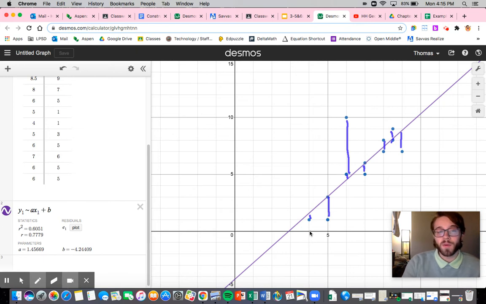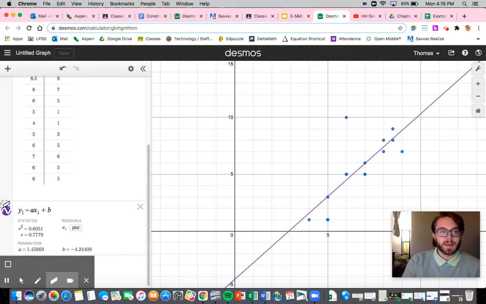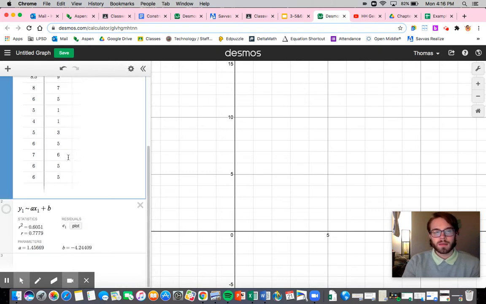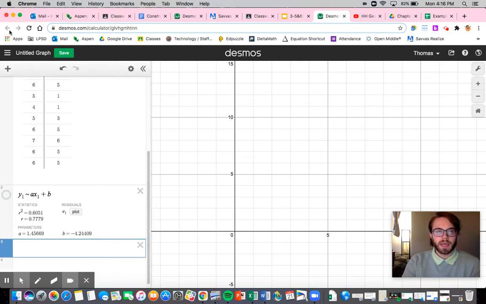That being said, if you were to try and run a linear regression and the points were exactly a line, watch what happens. So I'm going to erase that. I'm actually just going to hide these for a second. I'll hide that as well. If I add just a quick table here, I'll show you what happens.